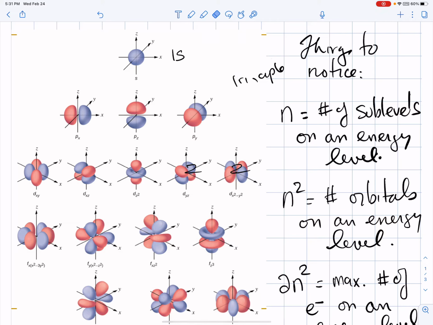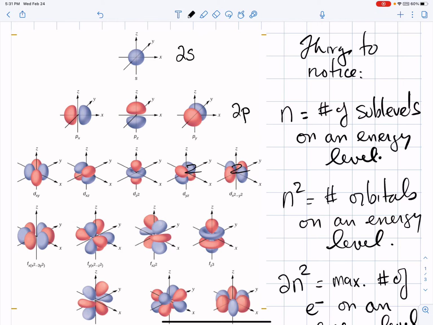Now when you get to the second energy level, there are now 2 sublevels. So on the second energy level, you will find a 2s sublevel, which will have a larger spherical 2s orbital, just like the 1s sublevel had a 1s orbital. But on level 2, you'll also find a 2p sublevel.